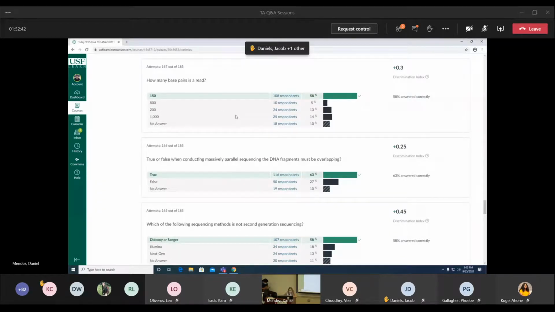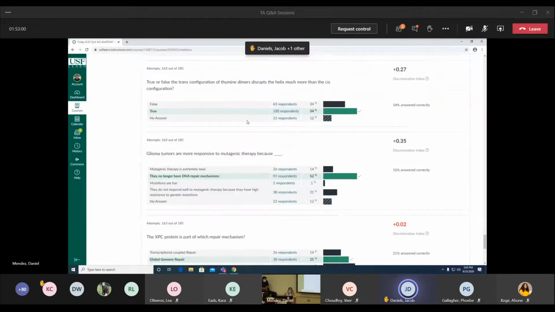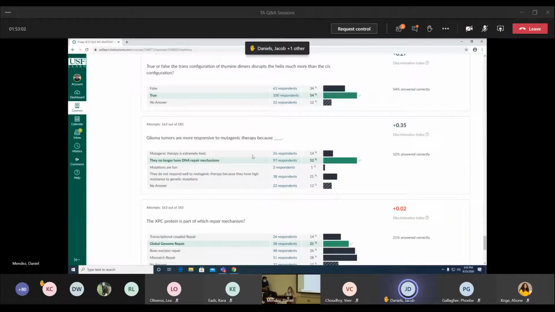Any other questions, guys? Okay. I had a question. If you go back to the one about glioma tumors being more responsive to mutagenic therapy. I remember Dr. Blank talking about the lack of DNA repair mechanisms, but is the idea that you're just trying to induce mutations that'll induce apoptosis?